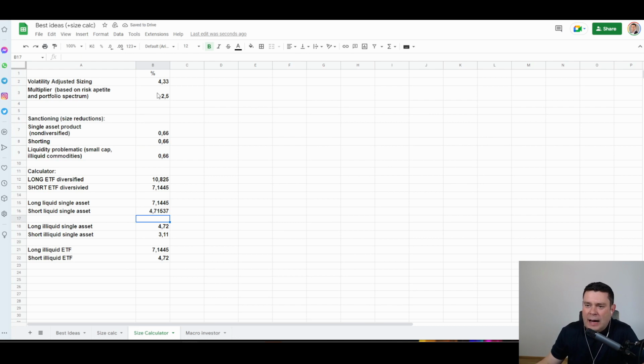After applying this multiplier of 2.5, the max size for this short is 4.7% of capital for a casual investor who would have a maximum of 15 assets in his portfolio. For me, with tons of tickers in my portfolio, the max short for this would be 1.88%.